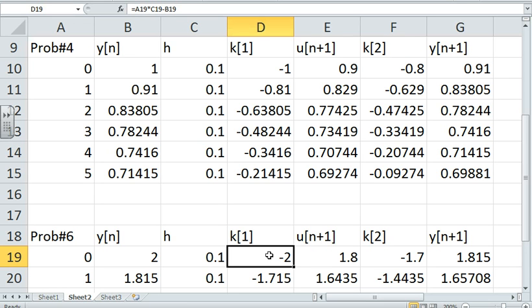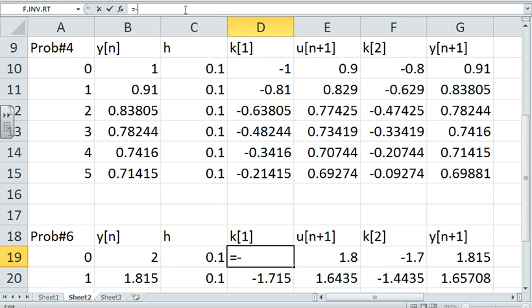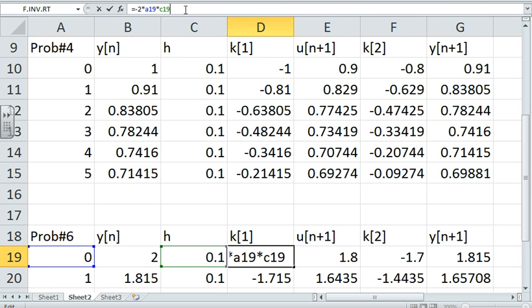My K is the function K. So this guy is going to be minus 2 times x, A19 times C19 times y, which is B19.